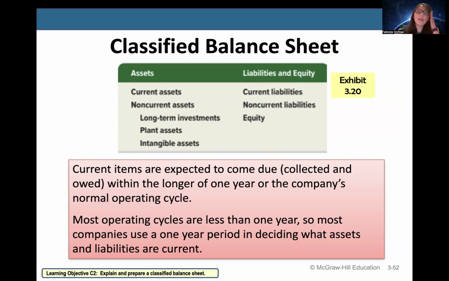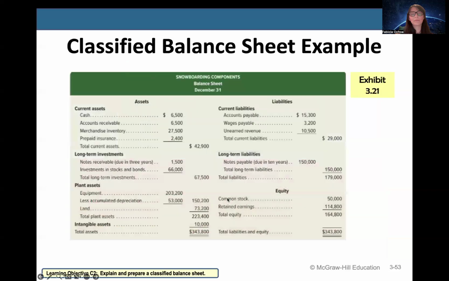Okay, so your current assets are items that are considered to be quick to convert to cash. That is why they are called current. A classified balance sheet is important because it lists items in order of liquidity.